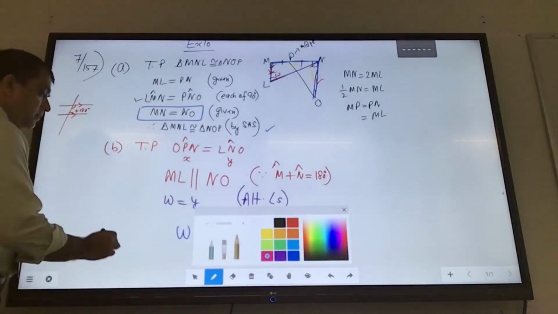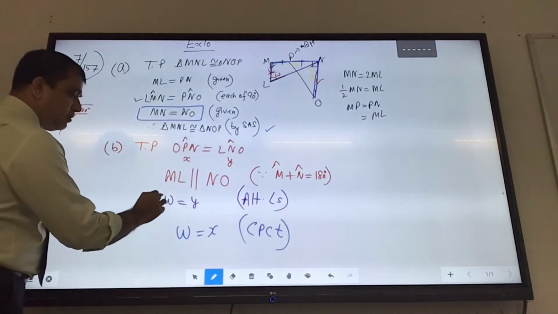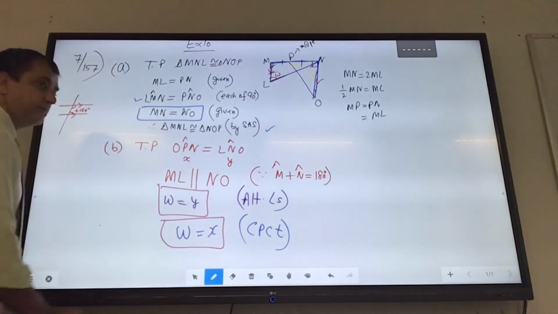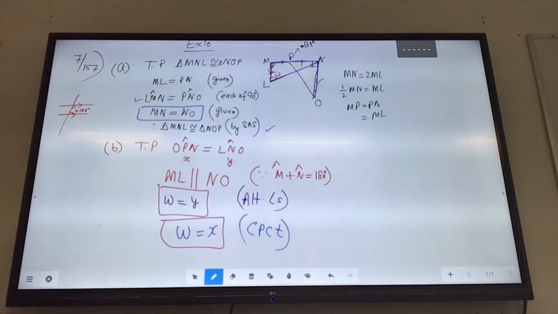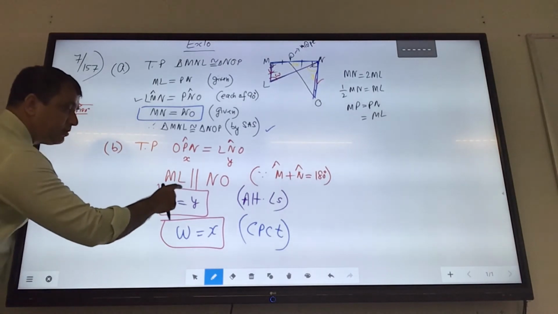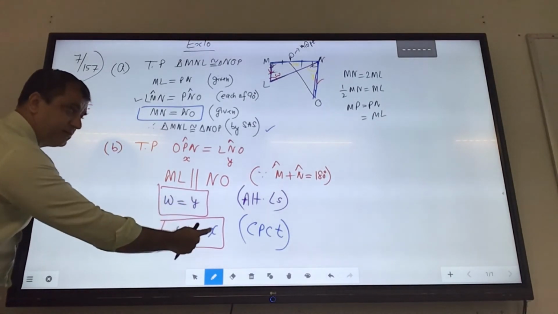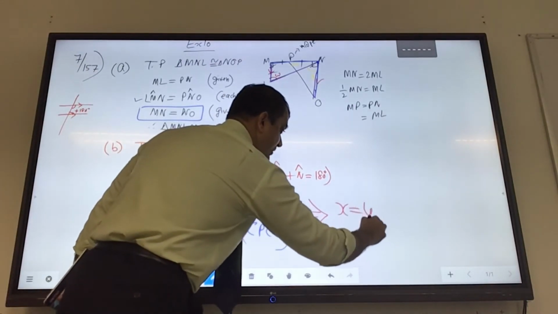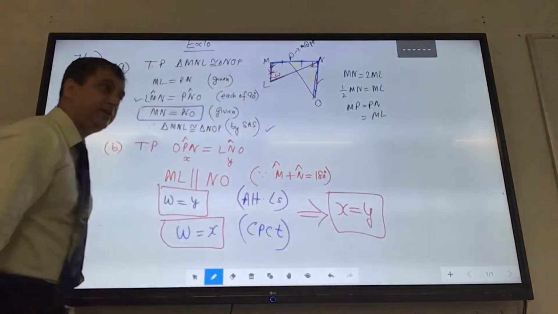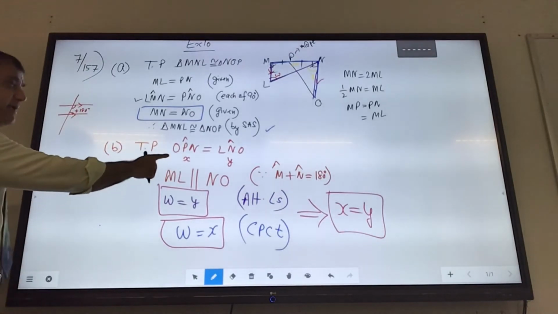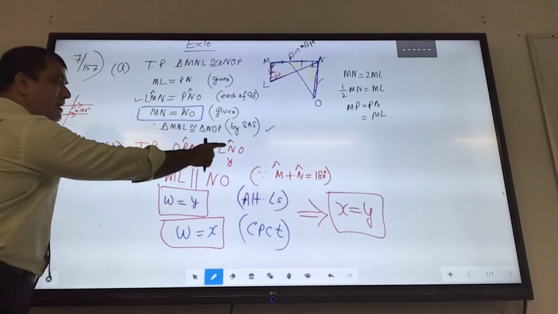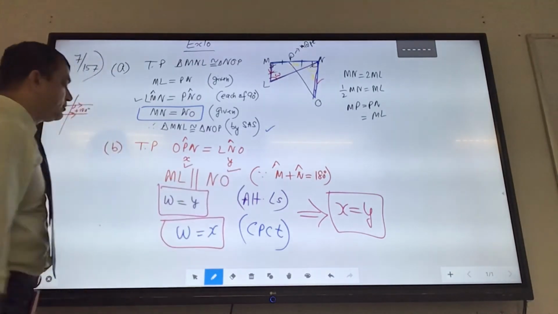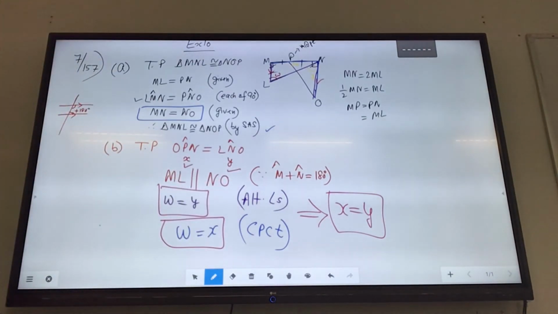See, W is equal to Y, W is equal to X. If I combine these two equations, W is equal to Y, W is equal to X, it implies X equal to Y. Yes or no? So X equal to Y, that means OPN is equal to LNO, because I call OPN as X, and LNO as Y. So this part B is proved.